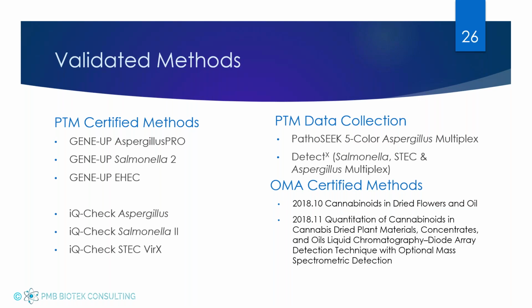These 2 OMA methods helped trigger some of the CASP program, because as we were getting questions for cannabinoid testing, it helped us launch our cannabis program. I believe these were developed prior to the SMPR that was prepared, so there may be a review process where they go back and study them to see if extra data needs to be collected.